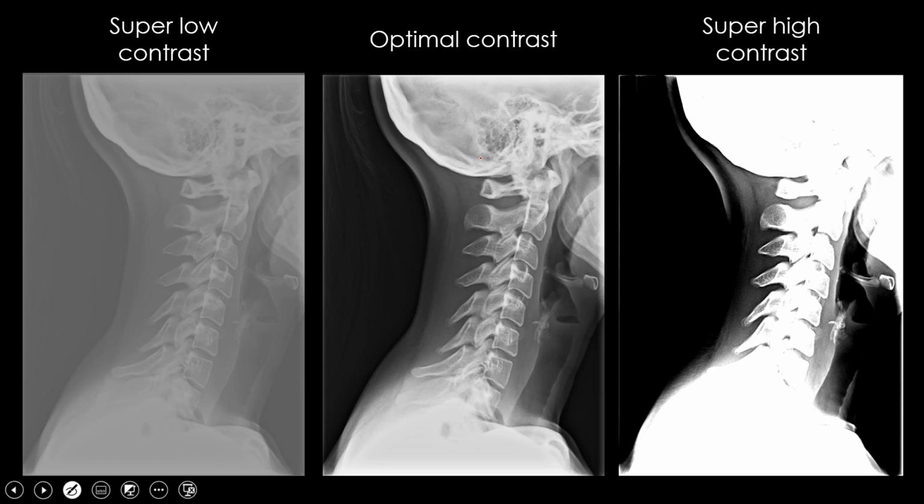Almost can't even make it out on that super high contrast. And again, looking at the bone, the entire base of that skull is completely whited out. I'm not appreciating the mastoid air cells or the sella turcica or anything like that on this super high contrast, as I should see with this optimal contrast.